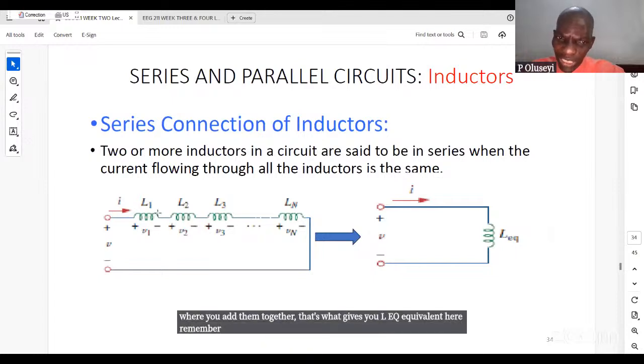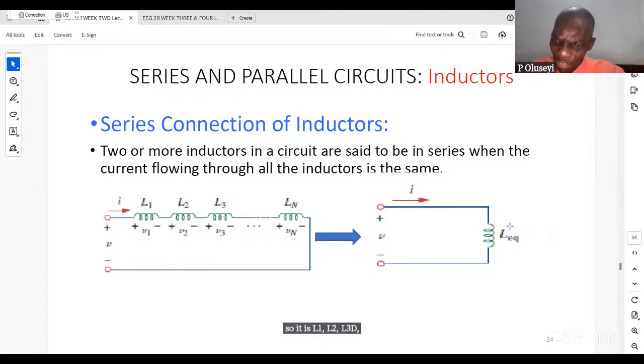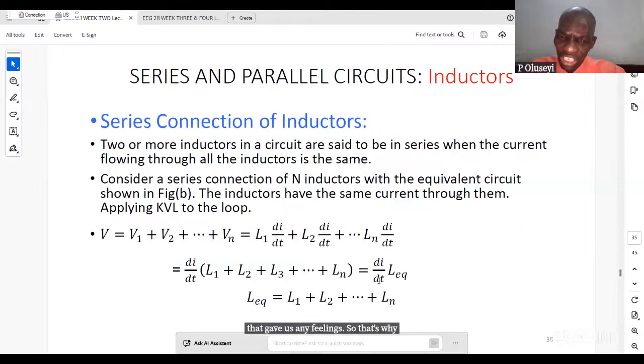So it is L1, L2, L3 up to Ln that gave us L equivalent here. That's why, in order to write it in canonical form, in a composite form, we have the di/dt times L equivalent. In other words, our L equivalent is equal to L1 plus L2 plus L3 up to Ln added together.